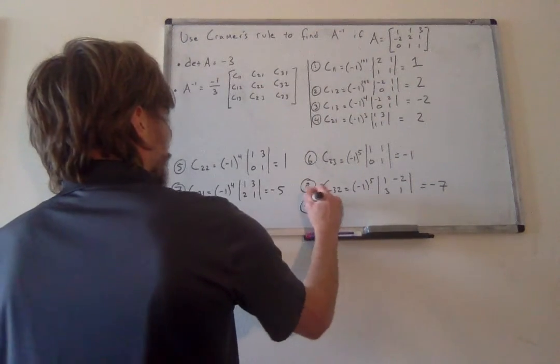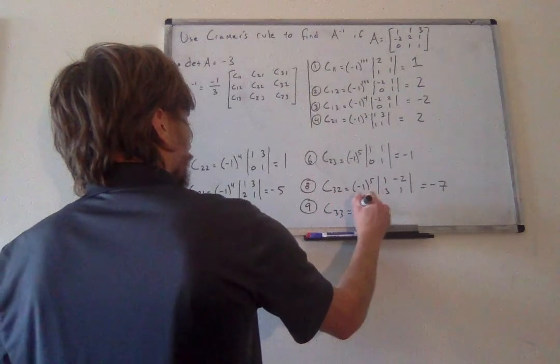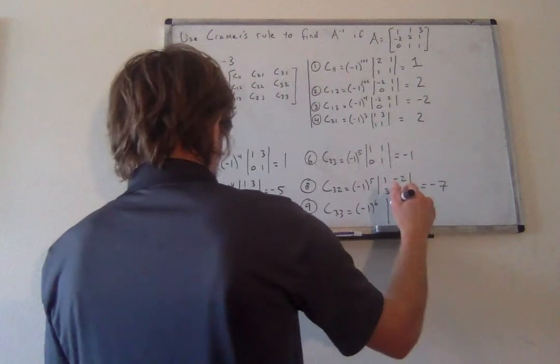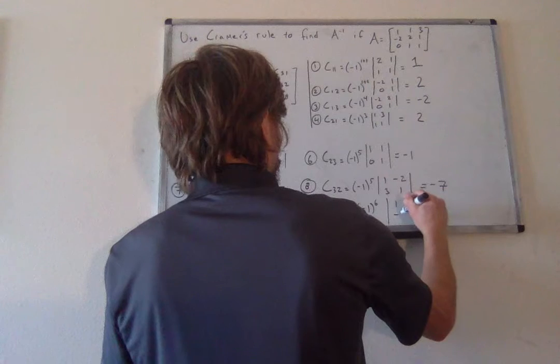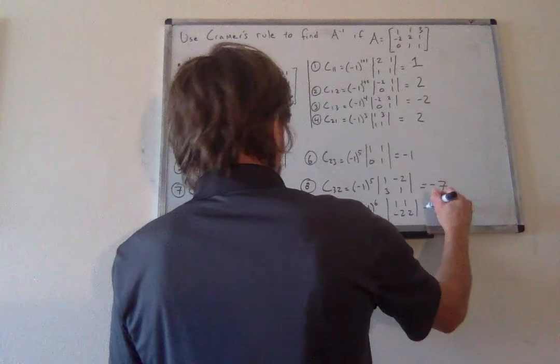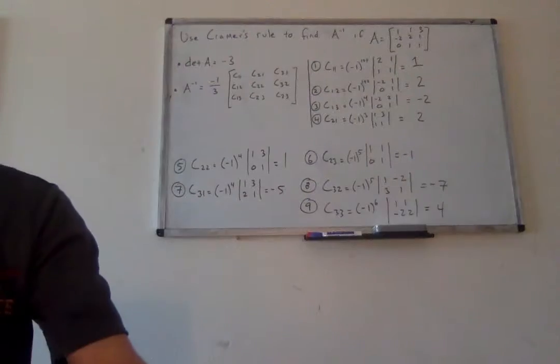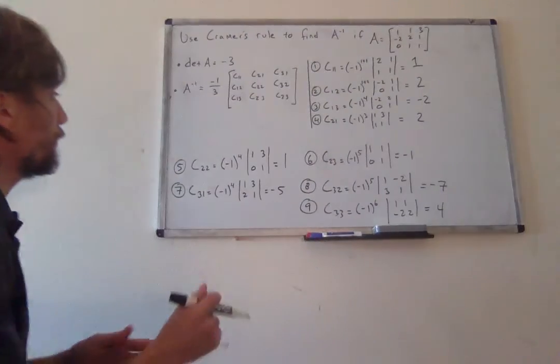And finally 9, C33, which is -1 to the 6th times the determinant of 1, 1, -2, 2, and that's equal to 4. So 9 determinants of submatrices of A.